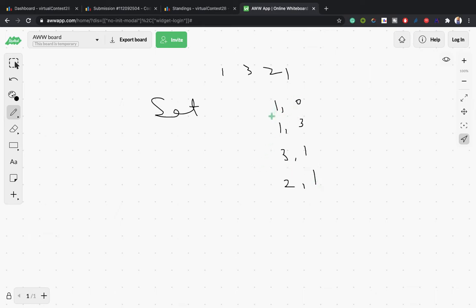I will check if both the first elements are equal; we will take a set of pairs. If both elements are equal, I will delete this and multiply by 2, and that will go on.